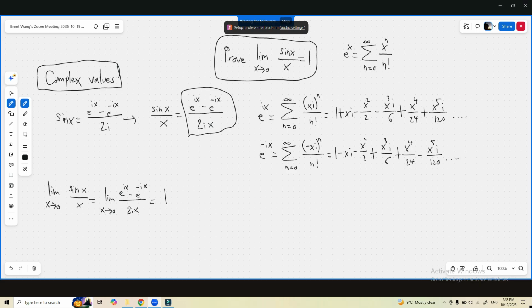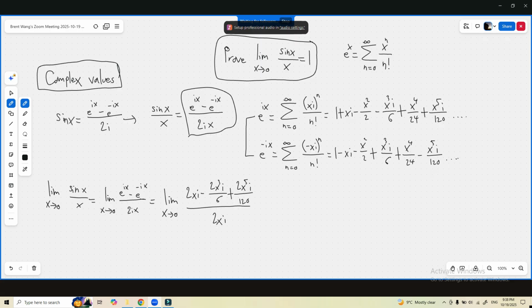This is equal to the limit as x tends to 0. When you subtract e to the power of ix minus e to the power of negative ix, you end up getting 2xi minus 2x cubed i over 6 plus 2x to the 5 i over 120 divided by 2xi.